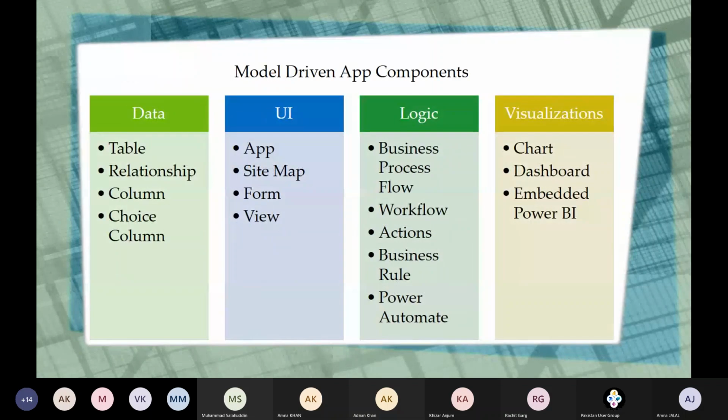Microsoft has categorized the model-driven app components into 4 categories: data, user interface, logic, and visualizations. I won't be able to cover all of them, but I'll make sure we can have a look at a few of them. So this was all the intro about model-driven apps. Let's get started with the demo first.